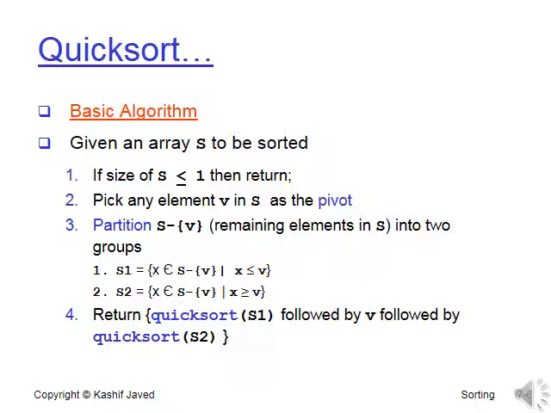If the size of the array S is greater than 1, then you pick any element V in the array S as the pivot, such that the array S is partitioned into two groups, left subarray S1 and right subarray S2. The elements in the left subarray S1 are all less than the pivot, and the elements in the right subarray S2 are all greater than the pivot.